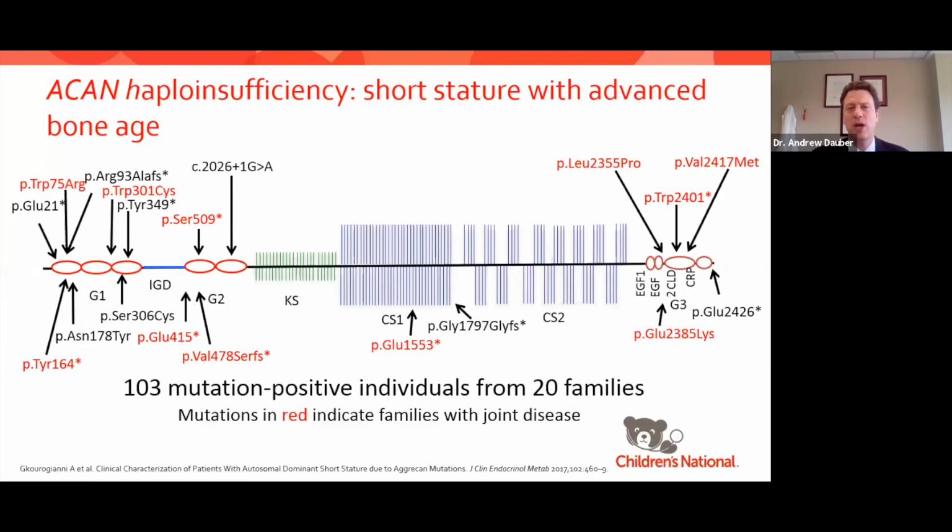And what you see in red is that around half of the families had significant early onset joint disease. And we also learned that the bone ages and the degree of short stature was really even more variable. So not everyone was as severely affected as those initial 3 families.